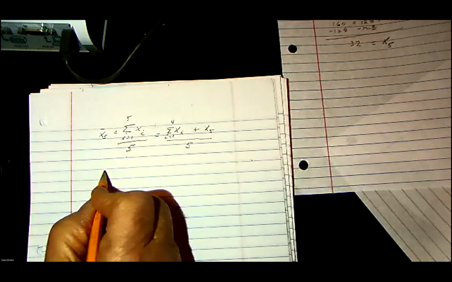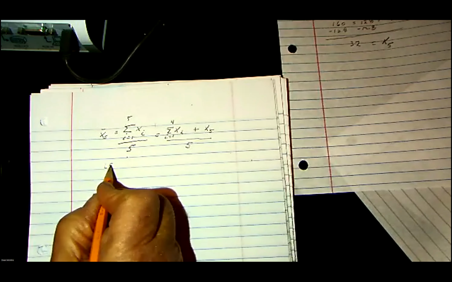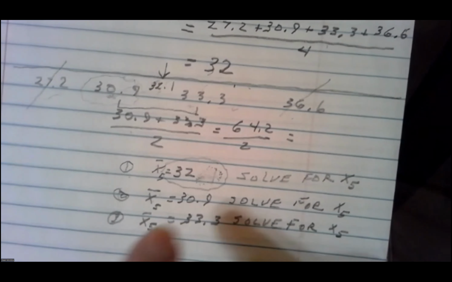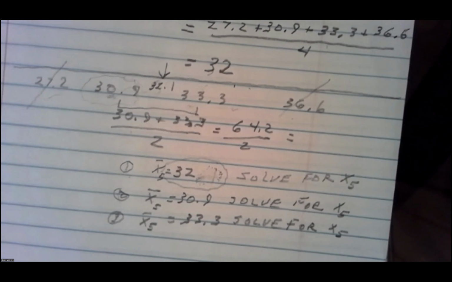So we're going to let x bar 5 equal 30.9.